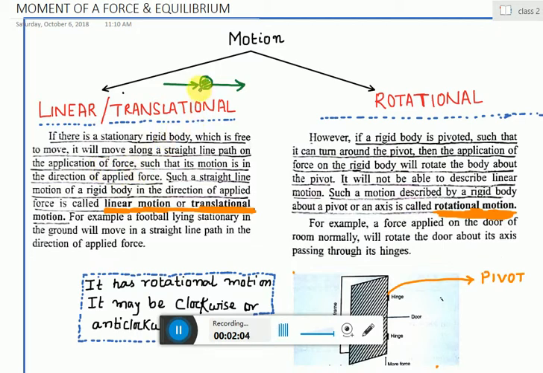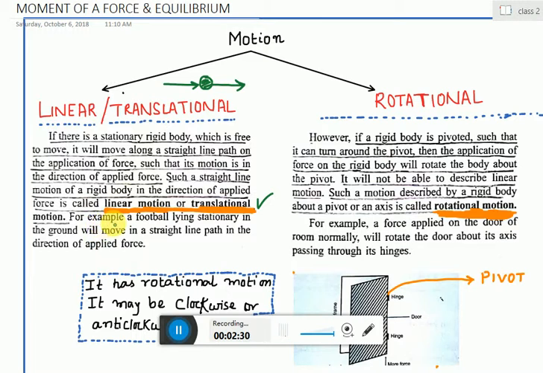That means the body will move along the line of application of the force, such that its motion is in the direction of the applied force. That's what we have said. Such a straight line motion where the body is moving along the direction of the applied force is called linear motion or translational motion.